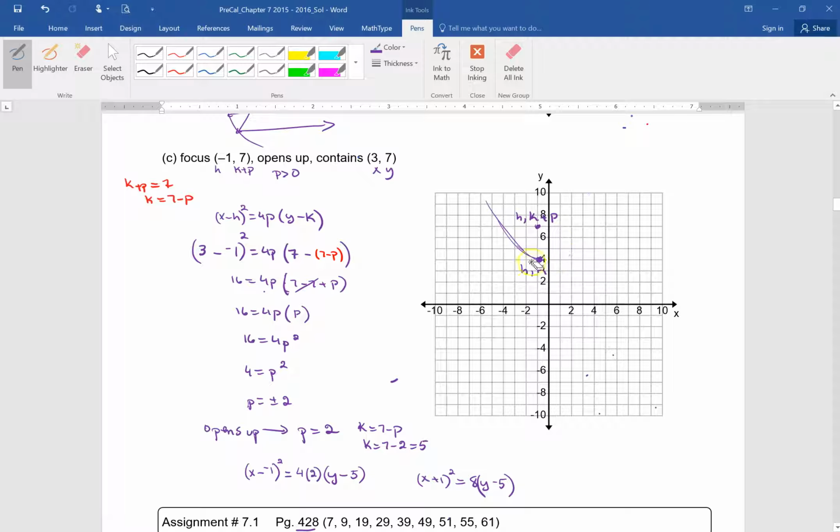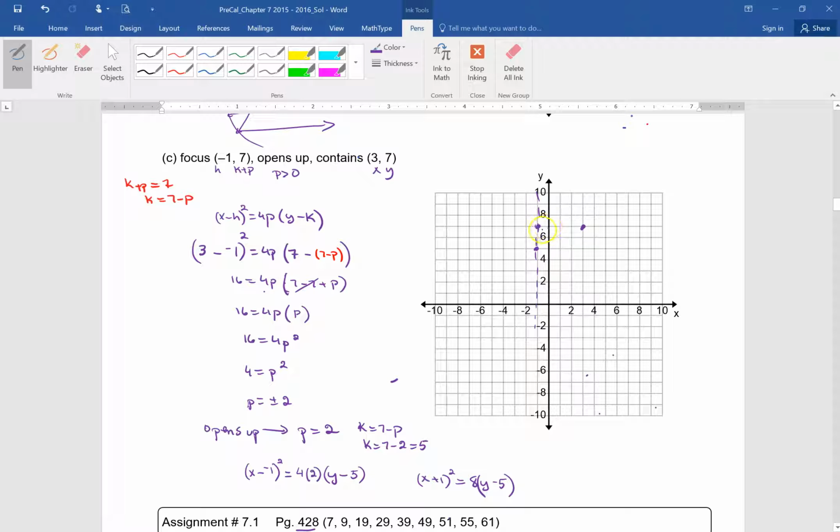So that means, if we graph this, if that's the focus, and we said it passed through 3 and 7, and the vertex is now at negative 1 and 5, so here. Remember this is the axis of symmetry.